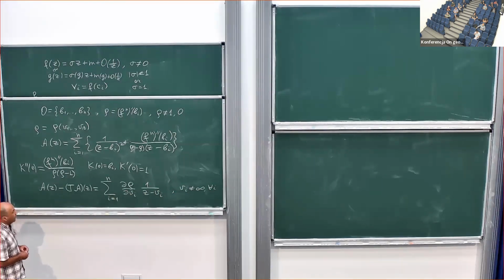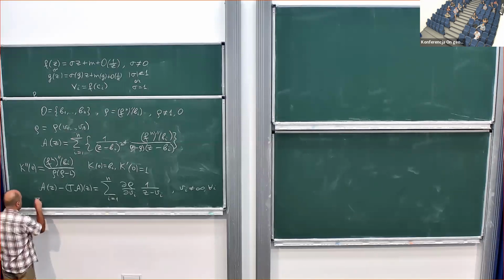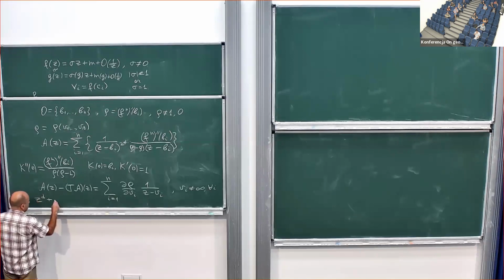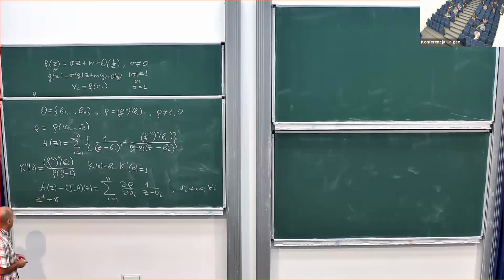For the unicritical map family, one can prove it by brute force, just by calculations, if you know what to prove.